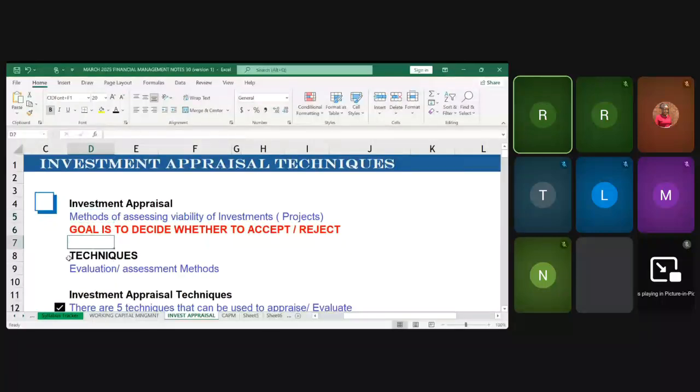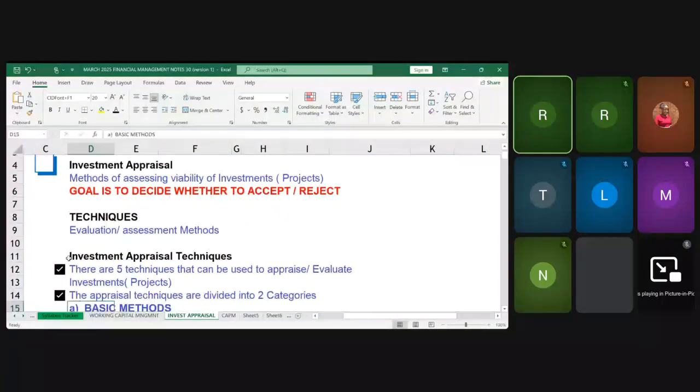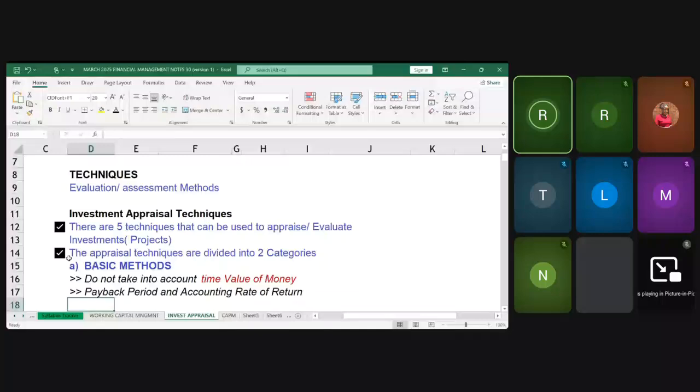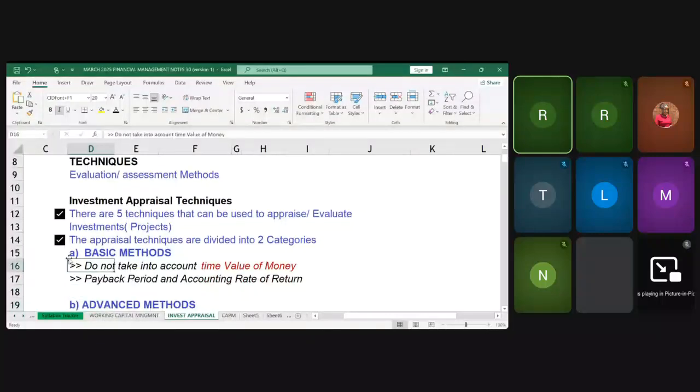So let us quickly look into the techniques that we have. There are five techniques that can be used to appraise or evaluate projects, and these techniques are going to be categorized into two. The basic method, that's the first category that we may want to talk about.